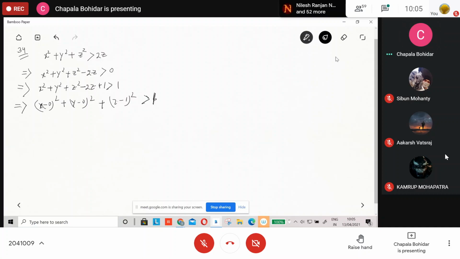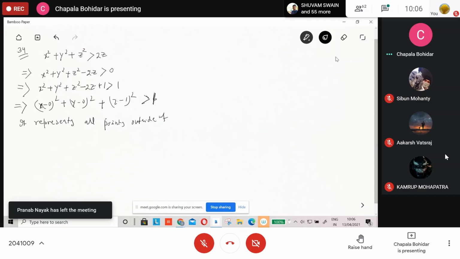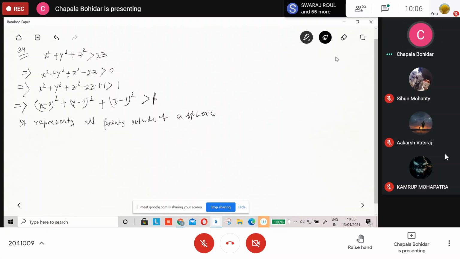Write down. It represents all points, meaning you can choose any value for x, y, z, all points outside of a sphere with radius 1 and center 0, 0, 1.